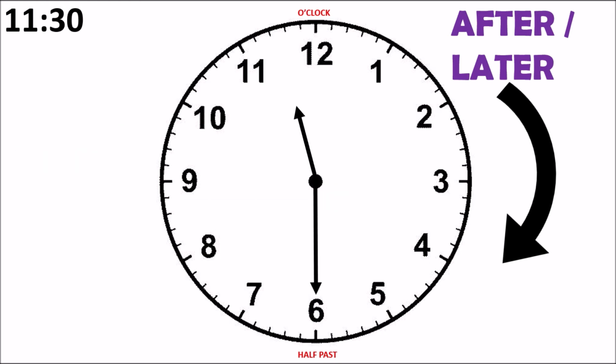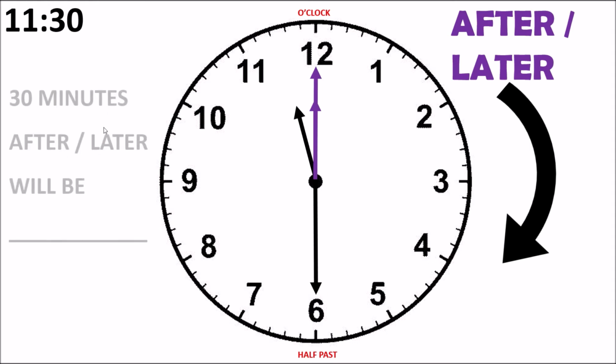Now what's the time? It's 11:30. Now what happens if I move the hands 30 minutes after? So the minute hand moved from the 6 and it moved 30 minutes all the way until the 12.